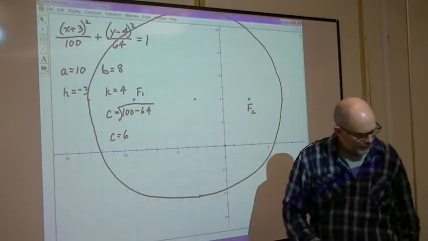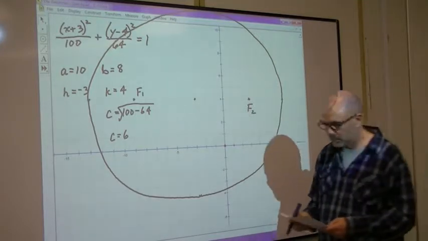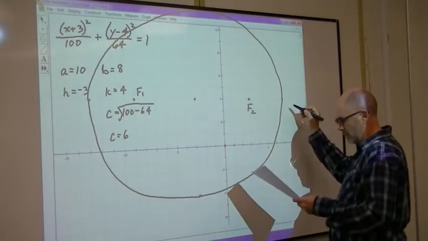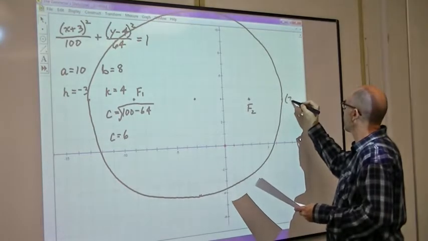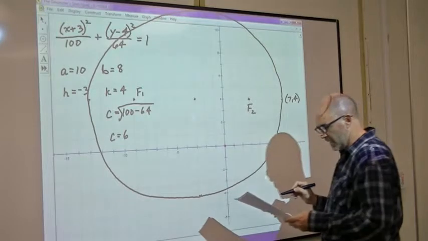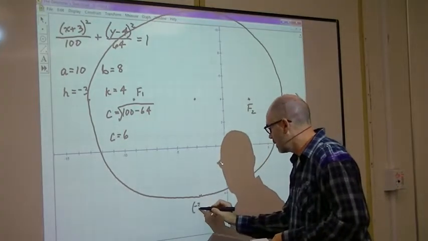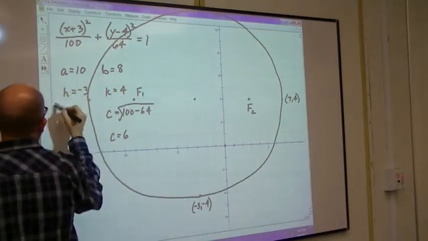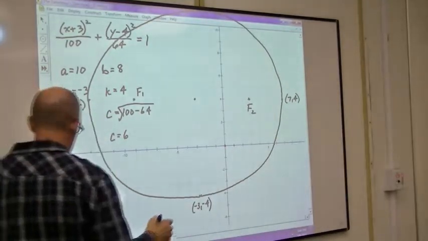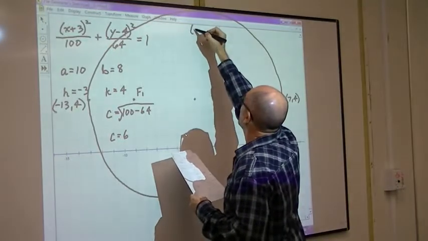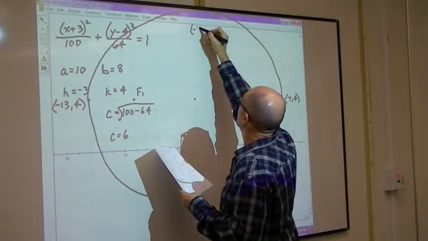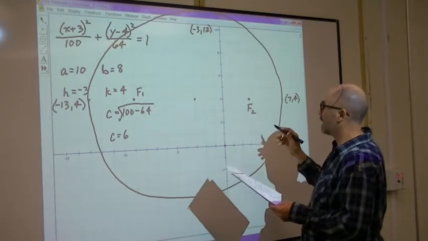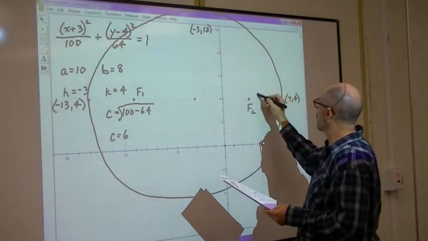So now we've got the vertices going to be (7, 4), (-3, -4), (-13, 4), (-3, 12), and then my foci are going to be (3, 4).